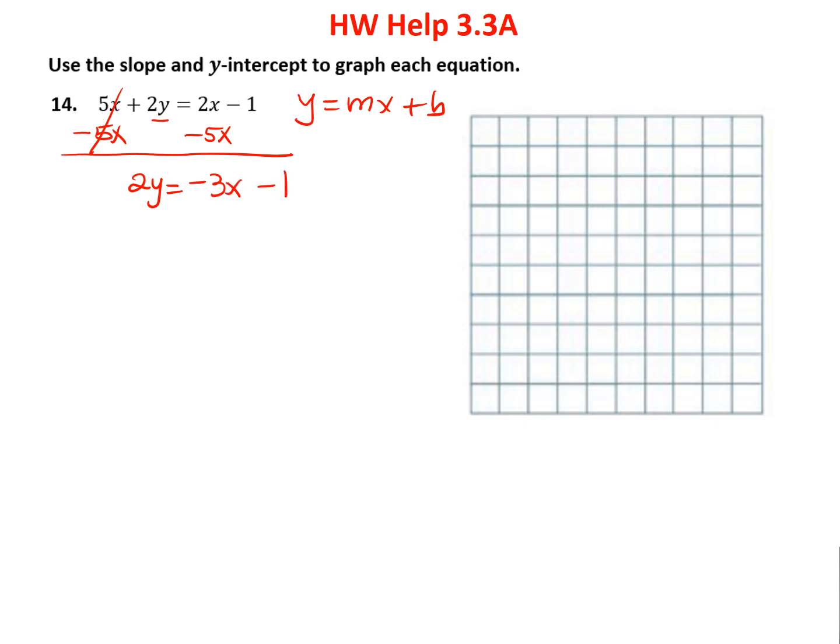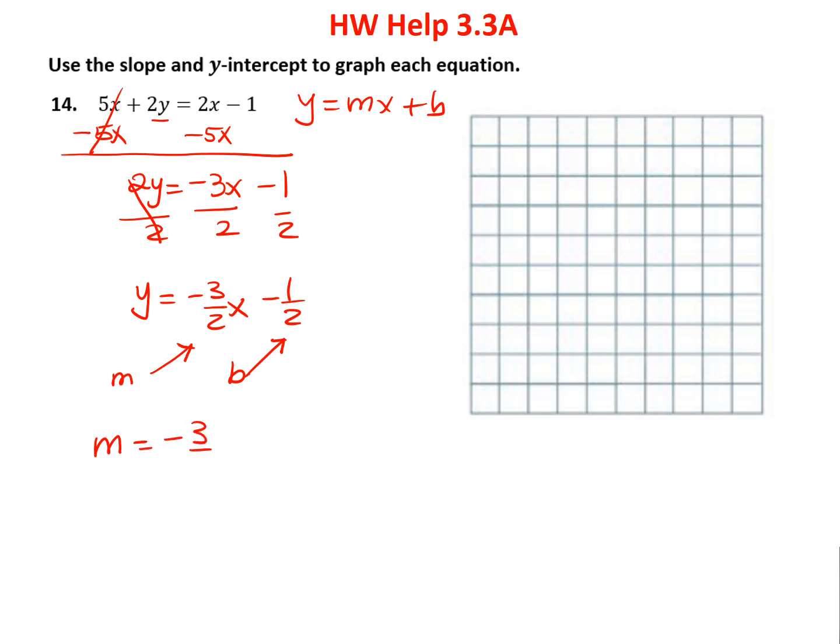Now we undo 2 times y by dividing by 2, and we divide both sides by 2 here. And we end up with y equals minus 3 halves times x minus 1 half. So there's my slope, and there's my y-intercept. So m equals negative 3 halves, down 3 over 2, and b is negative 1 half, which is the point 0, minus 1 half.